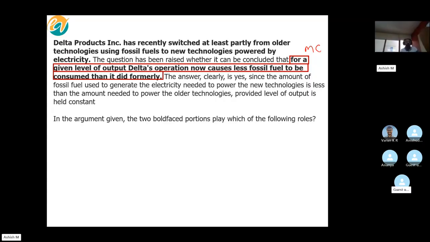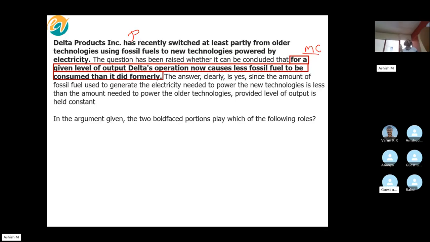So first boldface, tell me, a premise or conclusion? Premise. It's a fact, right? So it's a premise. I have written a P there. Second boldface, premise or conclusion? It's clearly a conclusion. In fact, it's the main conclusion. All right. What's the next thing?